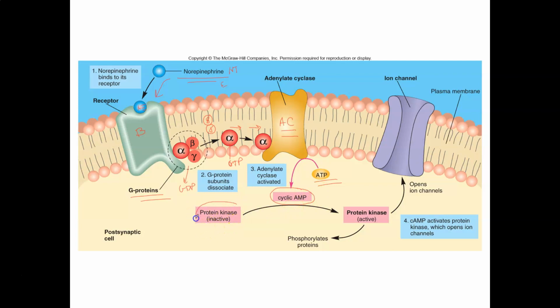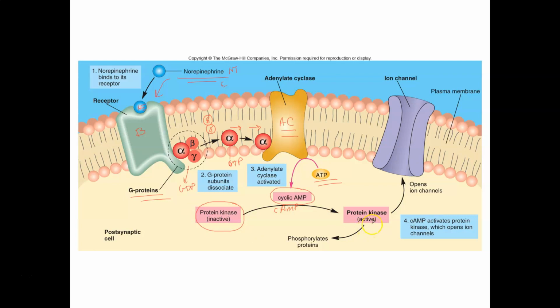What you can see here is we have inactive protein kinase within the cell. Once cyclic AMP comes along, and a lot of times you'll see cyclic AMP written like this, little c AMP, the inactive protein kinase will become the active protein kinase.